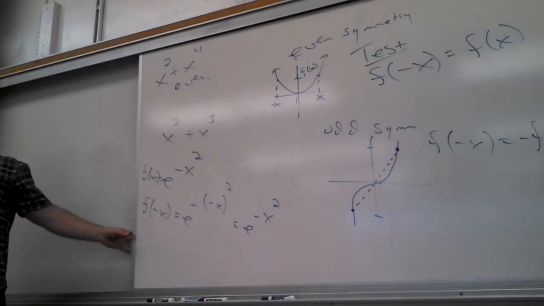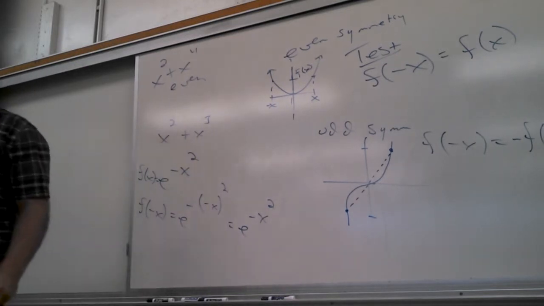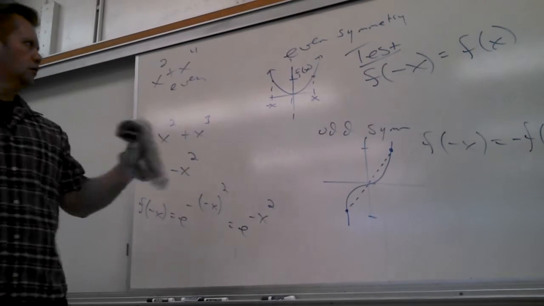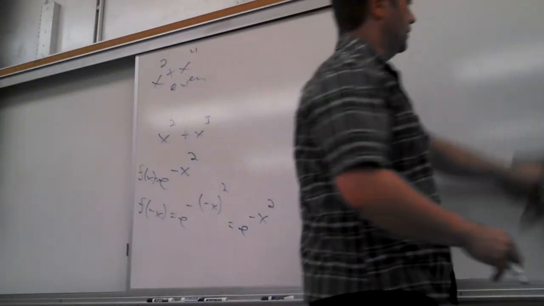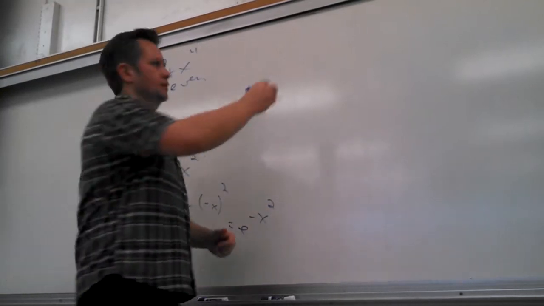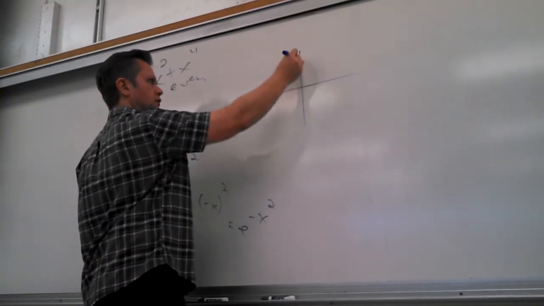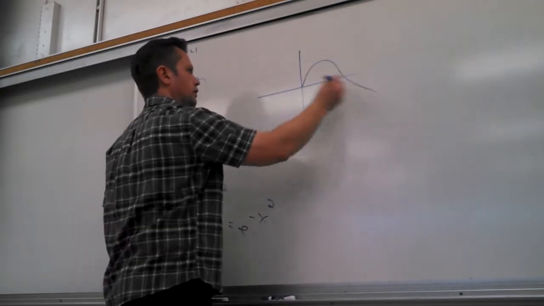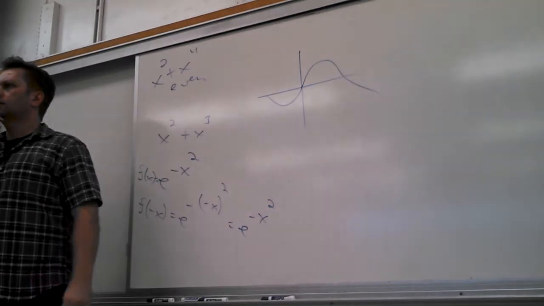And the other one is just, do you know what sine is? What is sine, even or odd itself? What does sine look like? What's it start off at in the middle? Let's start off here at 0. And then it goes like that, and it goes like that. So what kind of symmetry is that?